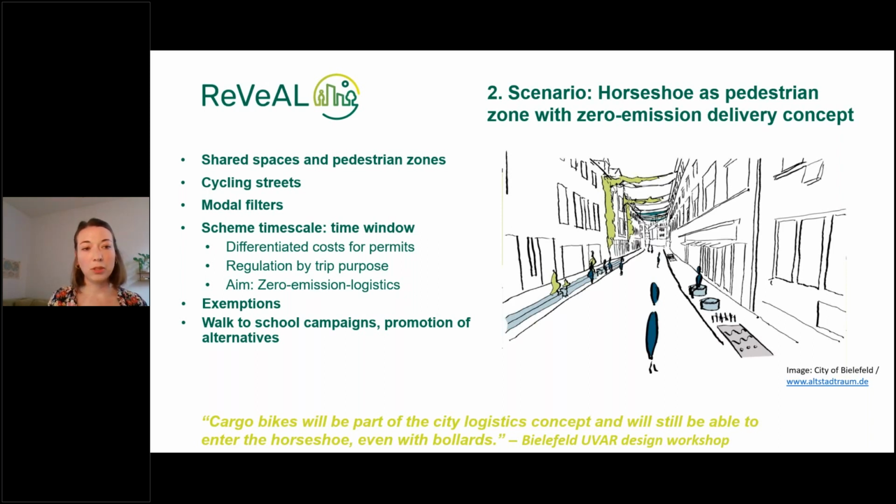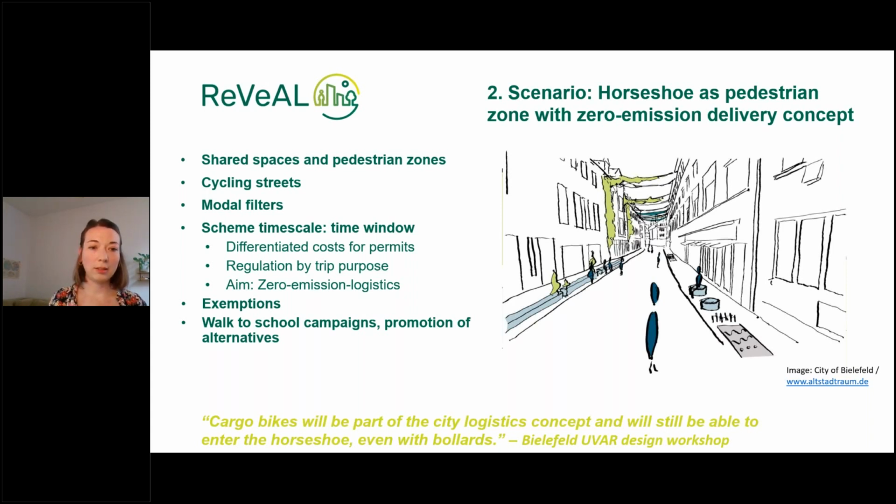There would be differentiated costs for permits, depending on who the city would like to have in the area, more or less. And there would be regulation by trip purpose, for example, for logistics. And the aim would be zero emission logistics.